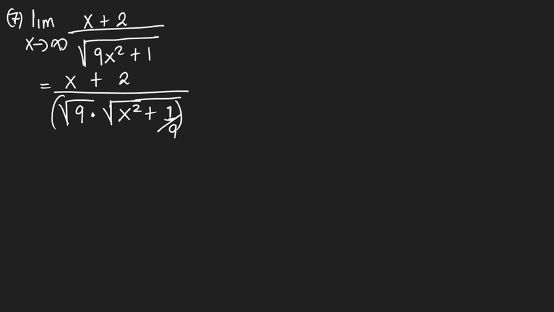So what is going to happen is you are going to have x plus 2 over, this is going to be like a 3 over, then this is going to be like square root of x, okay, square root of x there, it's going to give you that, and that will cancel.